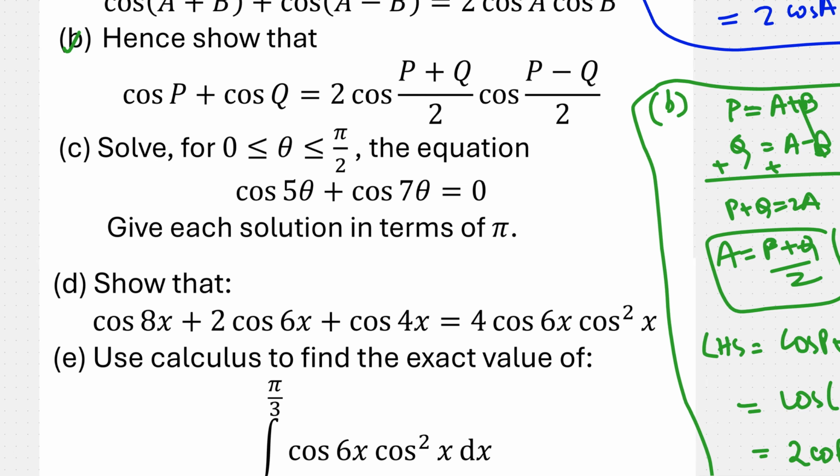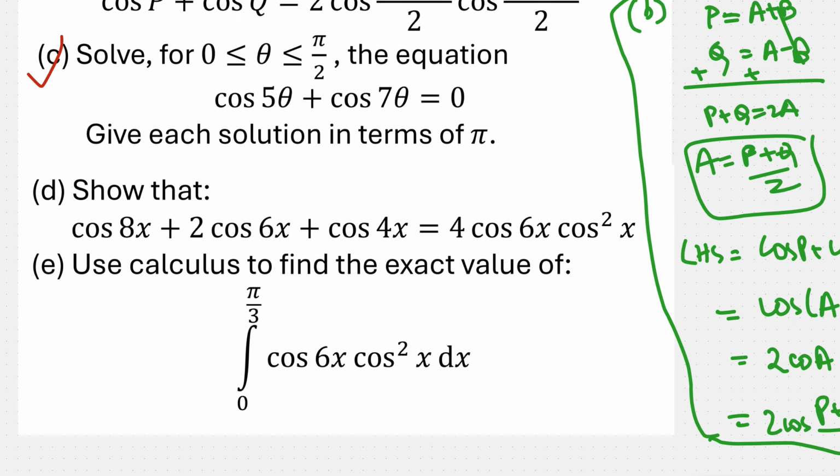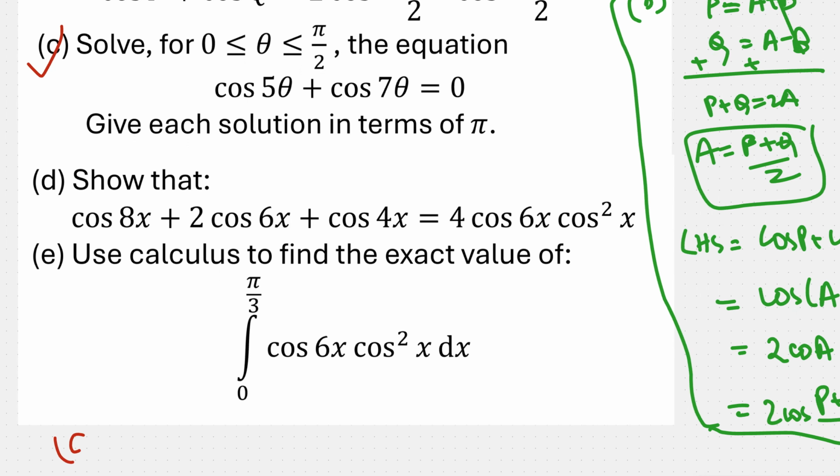Yeah. So then the C bit is a solve question. So cos 5θ + cos 7θ. Now 7θ and 5θ, isn't it? 7 plus 5 is 12, and 12 divided by 2 is 6.